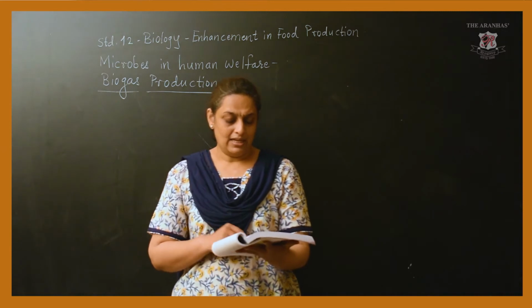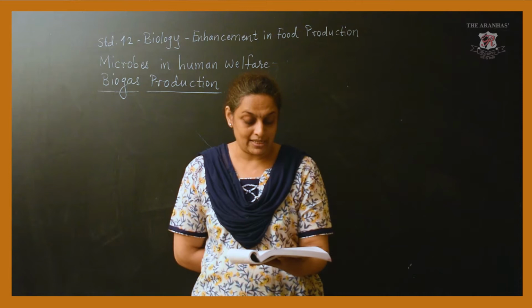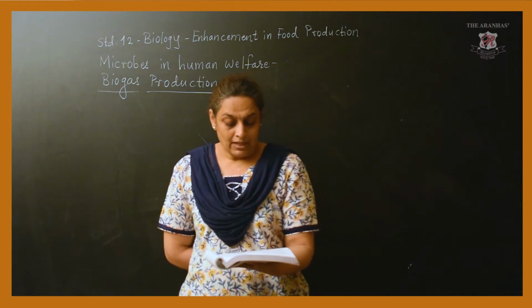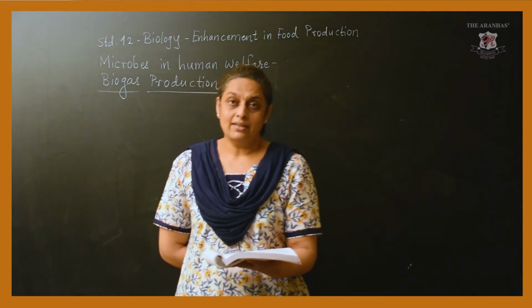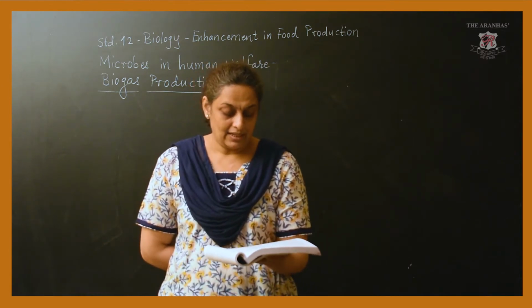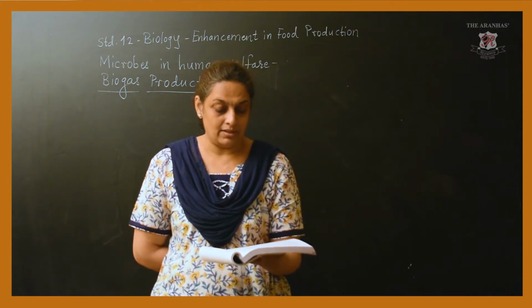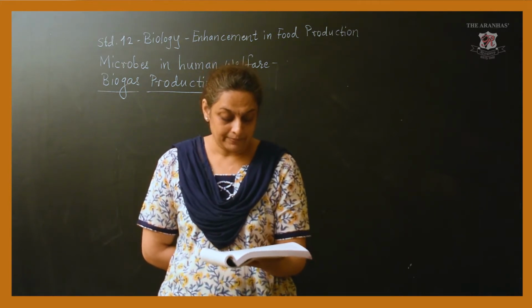Now let us see which are the steps involved in this particular biogas production. Raw materials are mixed with water in equal proportion, and then they are added to this charge pit.